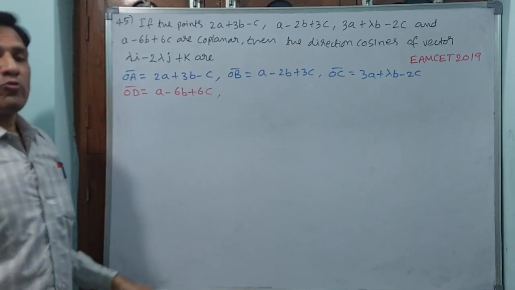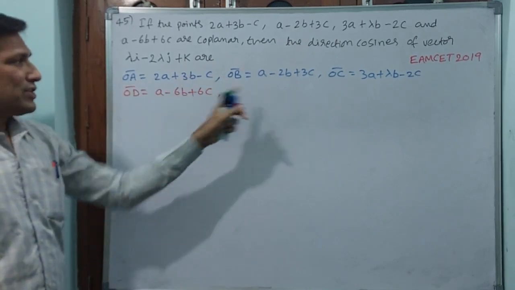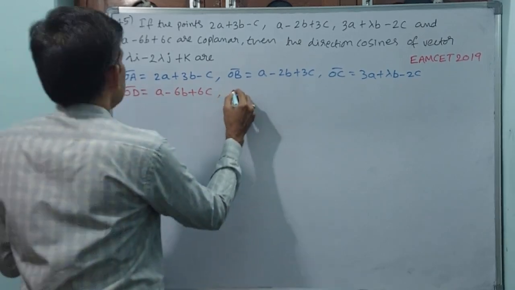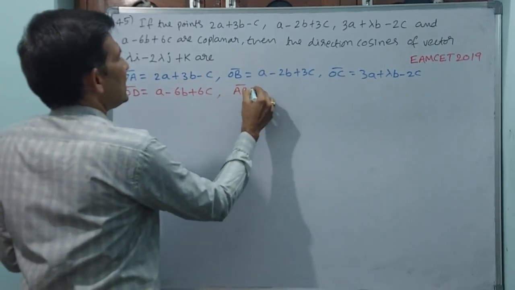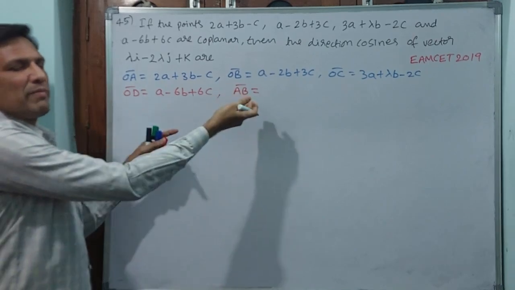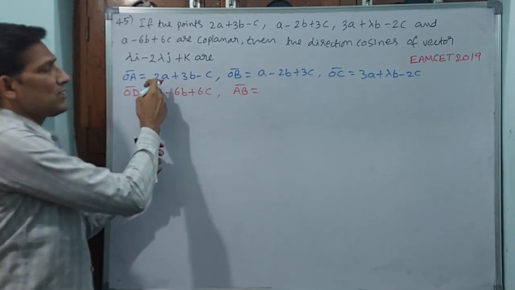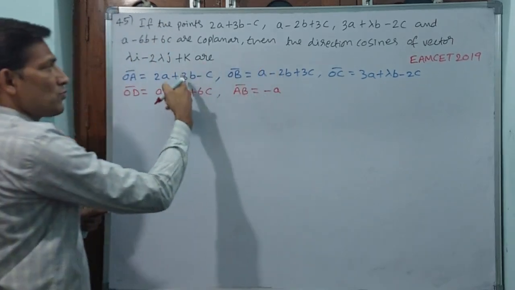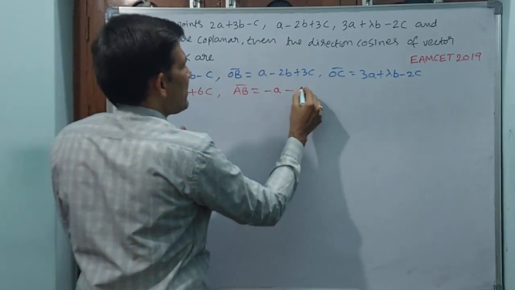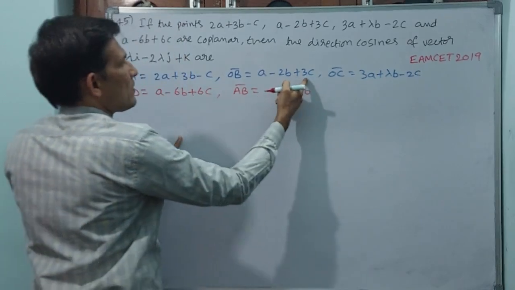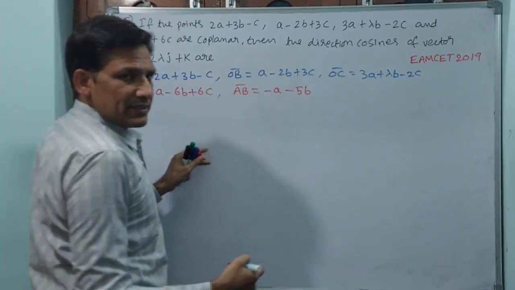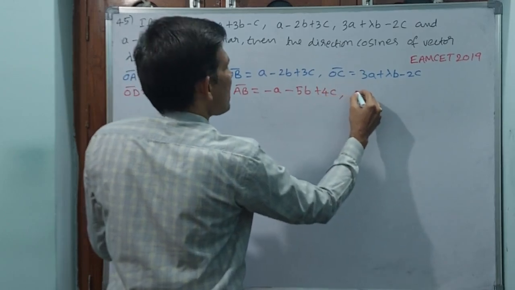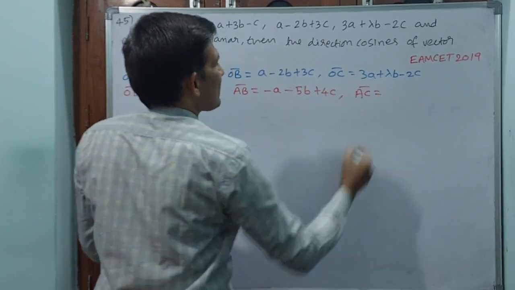Now these 4 you have to make as 3: AB, AC, AD. With A we have to start all. Let us start. AB. I don't want to write OB minus OA again. So 1 minus 2 is minus a, minus 2 minus 3 is minus 5b, 3 minus of minus 1 is 4c. Okay, this is AB. Then go for AC also.